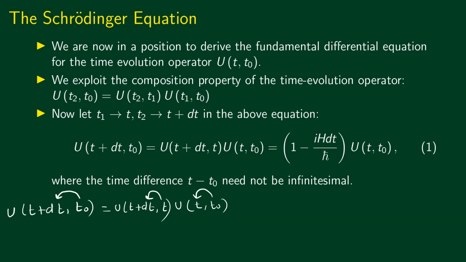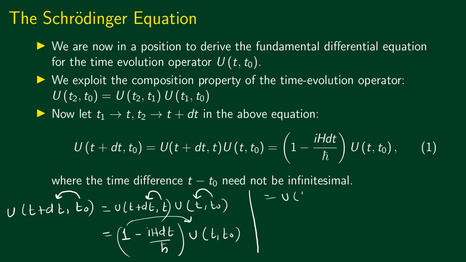Now we know the form for the infinitesimal time evolution operator. We can write this as the identity operator minus iH dt divided by ħ, multiplied by U(t, t0). The identity operator multiplied by U(t, t0) is simply U(t, t0), and then minus iH dt divided by ħ multiplied by U(t, t0).